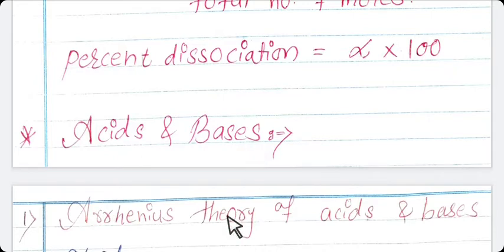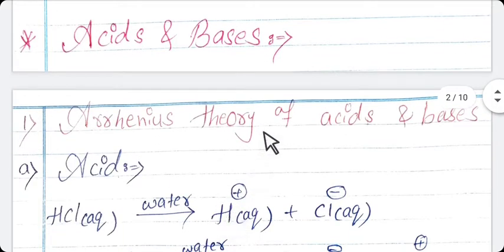So the first theory is the Arrhenius theory of acids and bases. According to Arrhenius, first we are going to study acid. According to Arrhenius, an acid is a substance which contains hydrogen. Any substance which contains hydrogen and gives rise to H plus ion in aqueous solution is called an acid.